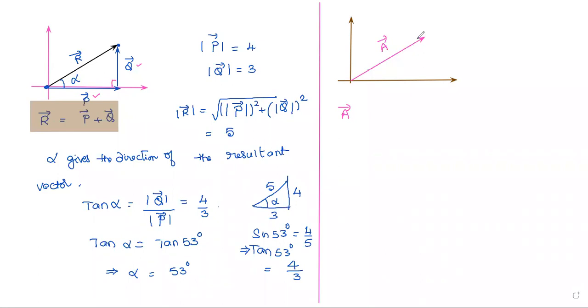What are the two vectors? Nothing to worry, you can understand very easily. Observe here. This is one vector identical to P bar, and another vector identical to Q bar. Another one I am taking here.